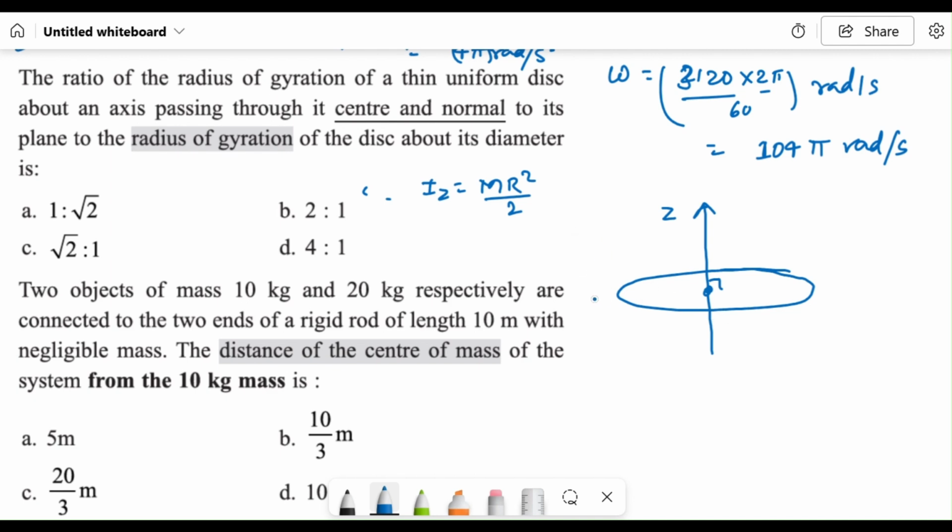Now, what about the axis which is along its diameter and in its plane? Let's say this is the y axis. So we can apply the perpendicular axis theorem.